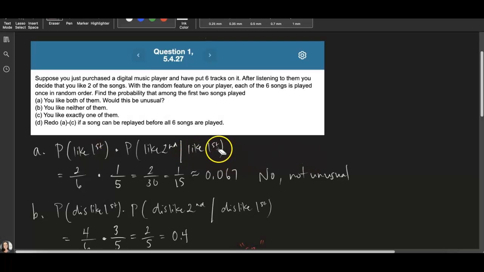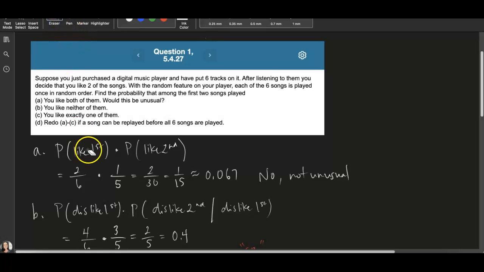It looks like this now. So part A would now read like this. The probability that we like the first song times the probability that we like the second song. And the probability that we like the second song is the same as the probability that we like the first, because these things could now be repeated.